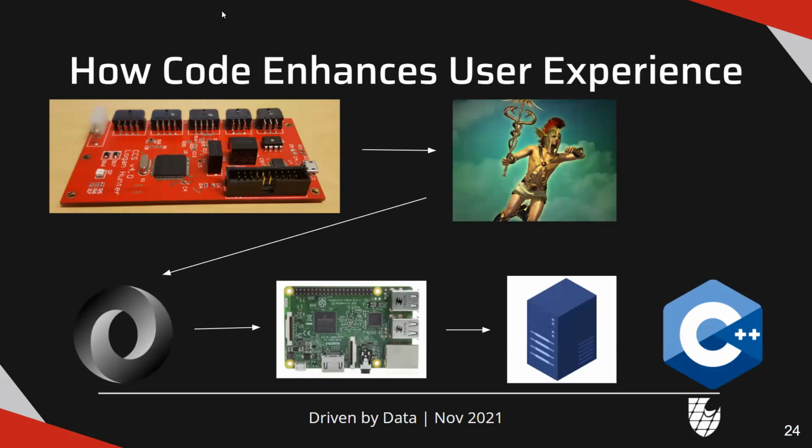We use something called Hermes, which we've illustrated with the actual picture of the Greek god there. It takes the messages from our central communication system, which is that red circuit board, and the resulting information from the CAN network.